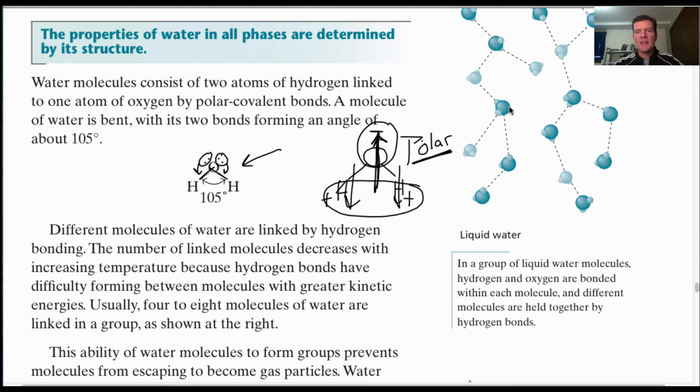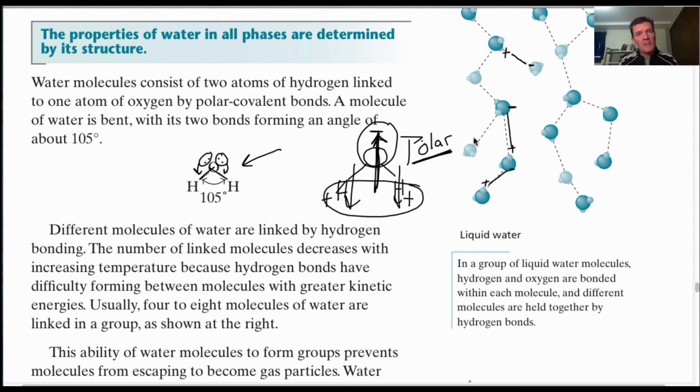So the negative side of the water is going to be attracted to the positive side of another water. And this negative side is going to be attracted to the positive side of another water. That is the intermolecular force that holds water molecules together. This positive side of the water is going to be attracted to the negative side of another water. And so these intermolecular forces are what holds water together.